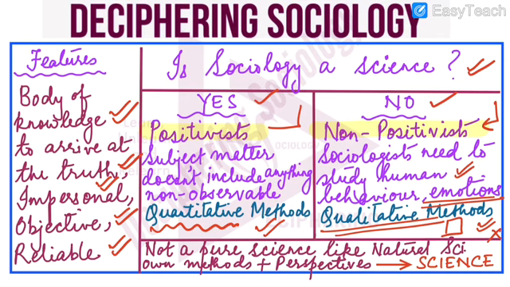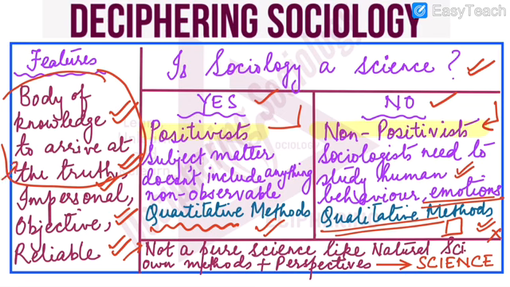In conclusion, you have to say that although it is not a pure science like the natural sciences, it is still a science in its own way. Why? Because it is fulfilling this definition. It is a body of knowledge, which means it has its own theoretical perspectives, it has its own scientific or research methods. And we are arriving at the truth.